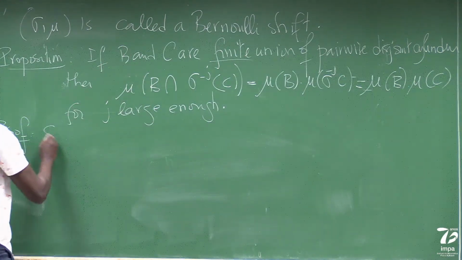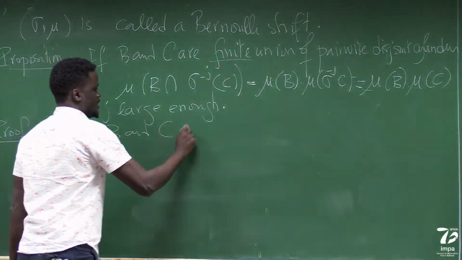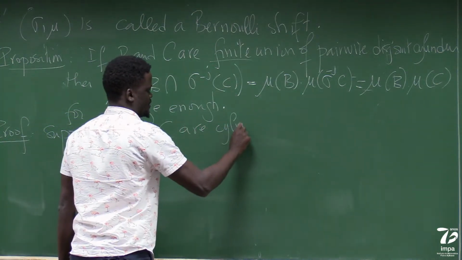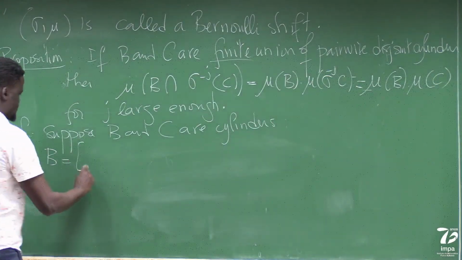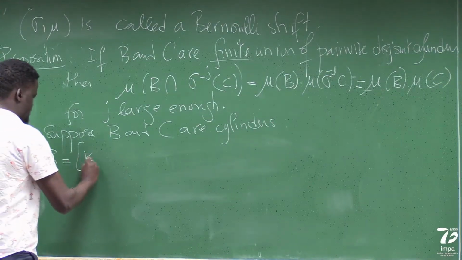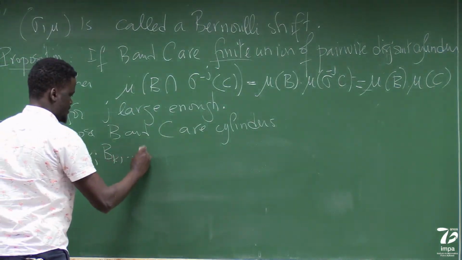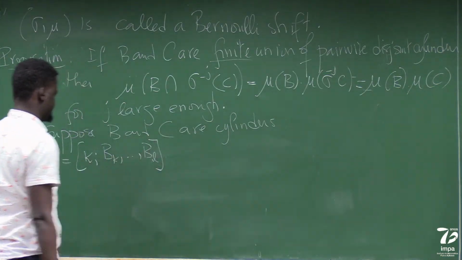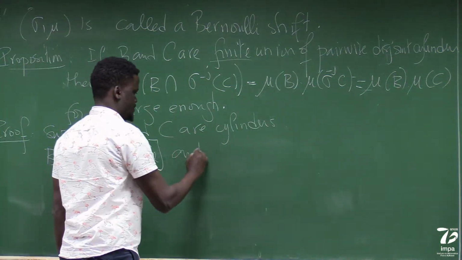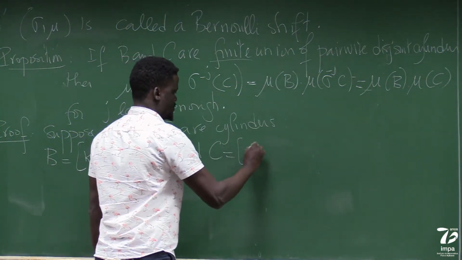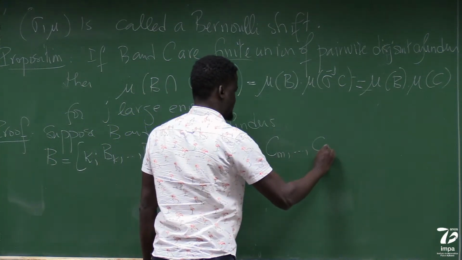So suppose B and C are cylinders, meaning B equals B_K, ..., B_L and C equals C_M, ..., C_N.